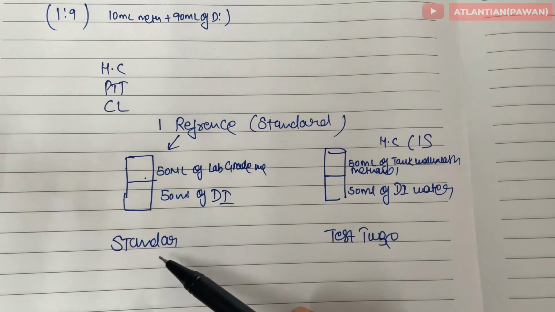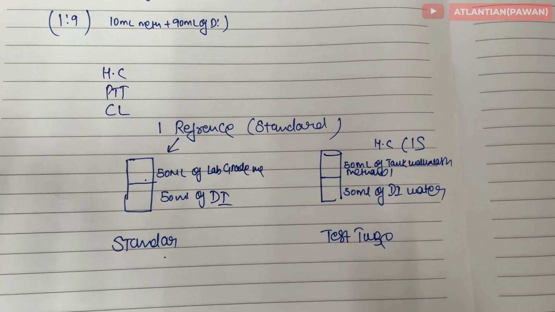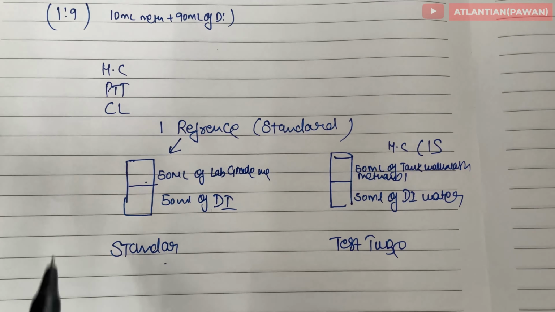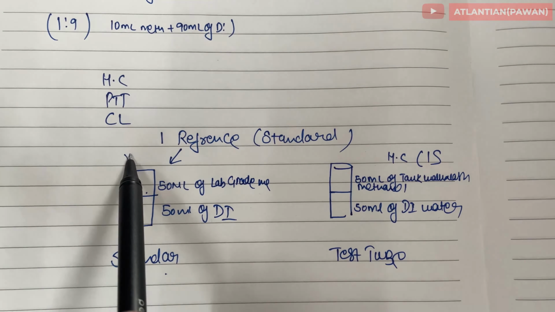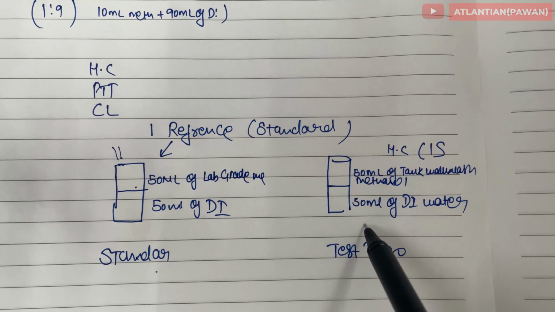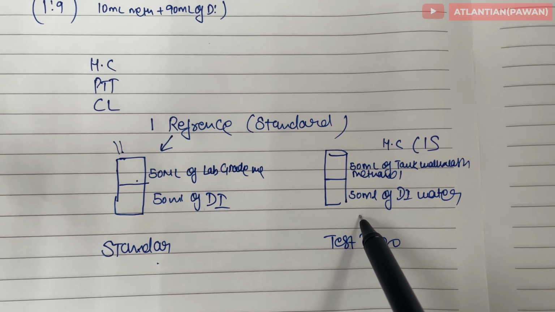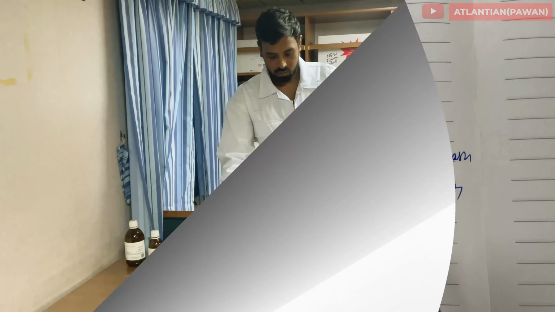Always make sure that your standard matches your test tube. Same in chloride also. If, let's say, we add silver nitrate 7 drops in a standard solution, make sure you add those exact 7 drops in this tube also. Your standard should always match your test tube.